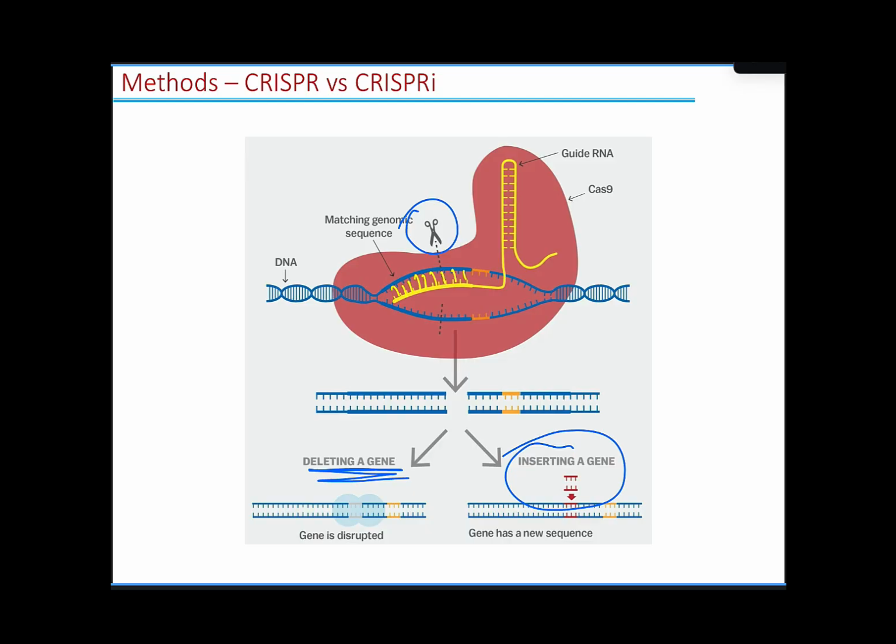Someone came in and said, what if we make this Cas9 non-catalytically active, right? What if we make it dead? And I mean that because when you use a dead version of Cas9, or dCas9, what happens is the whole complex will go to that super specific location that is dictated by the guide RNA, but it will stop there.